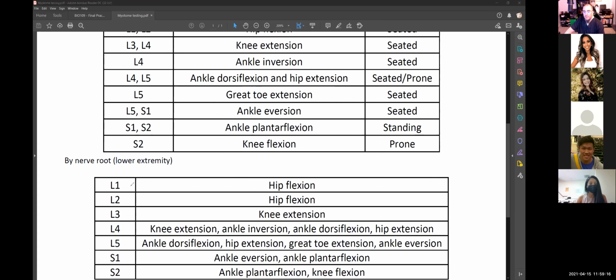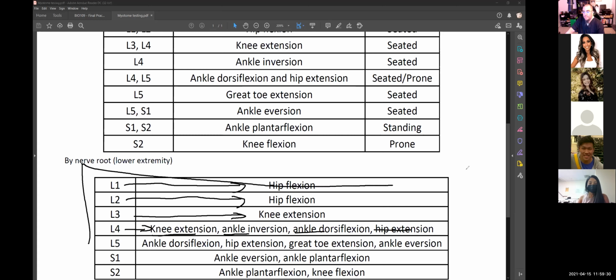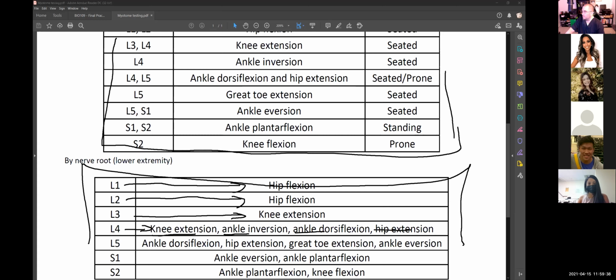Because I go, oh, look, L1, hip flexion. L2, hip flexion. L3, knee extension. L4, I can pick any of these as long as I pick 2 of them. I tend to focus on this one for you guys. We'll talk more about this stuff next semester when we get into grading medial muscles.